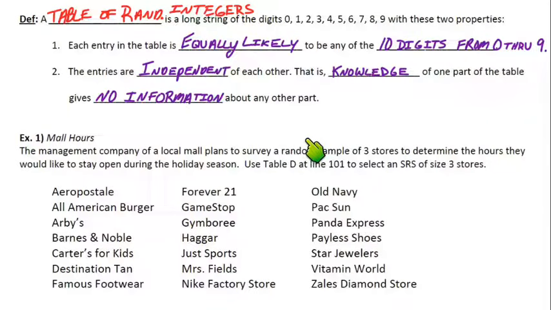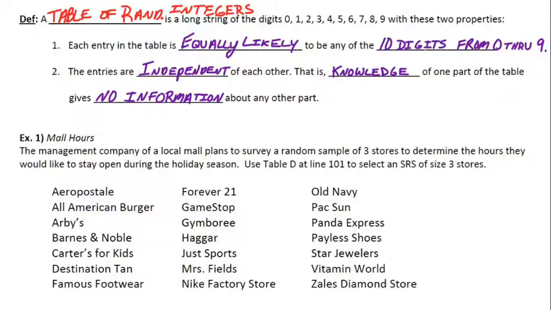Just because you got two 7s in a row does not mean the third number can't be a 7, because they're independent. Knowing the previous numbers doesn't tell you about any numbers in the future or the past. Every single time it's a random number. That's what it means to be independent.